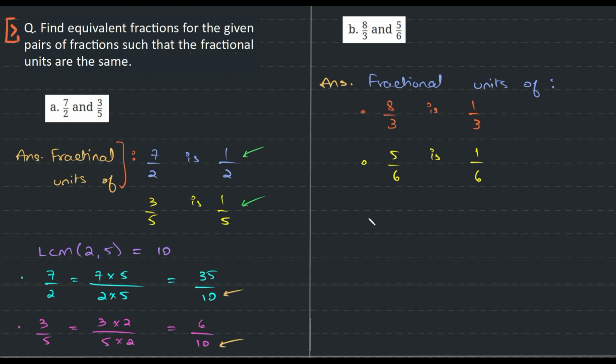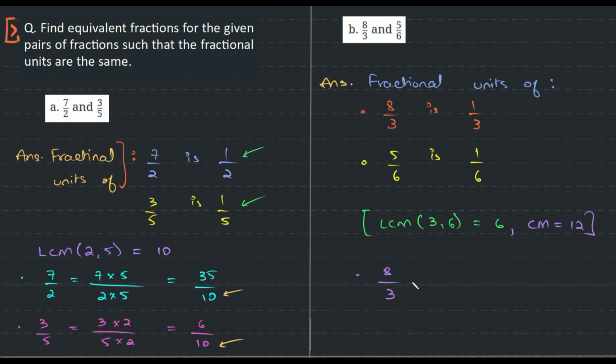Now, the LCM of 3 and 6 is what you need to figure out to make the denominator the same, making the fractional unit the same for both. So the LCM of 3 and 6 is correct, 6 itself. And so, by the way, they want us to have an equivalent fraction. So the LCM is 6, but we need another common multiple. I'll go with 12. Remember, we need equivalent fractions.